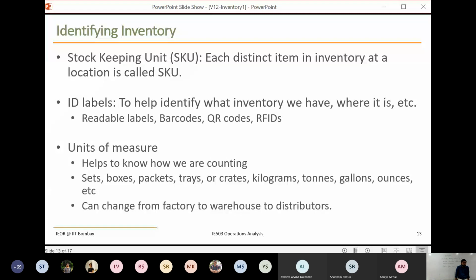So we look at what are the most expensive items that we are dealing with, and try to handle them more carefully. Another implicit assumption is that the margin is proportional to the cost that we are handling. Those two implicit assumptions are there. That's why we are doing it.